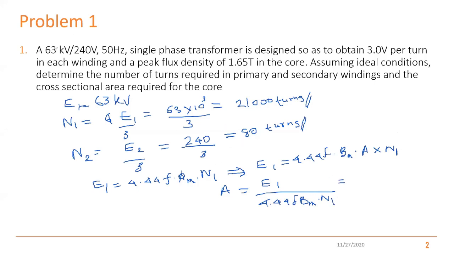E1 is again known, 63 kV. The frequency is given as 50 Hz, Bm is 1.65 Tesla and N1 is 21,000. So you can calculate the cross-sectional area from this.